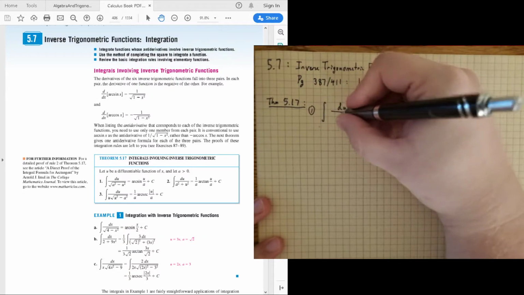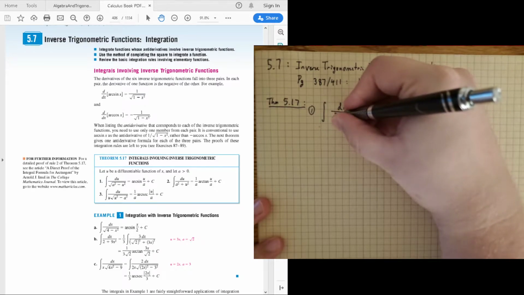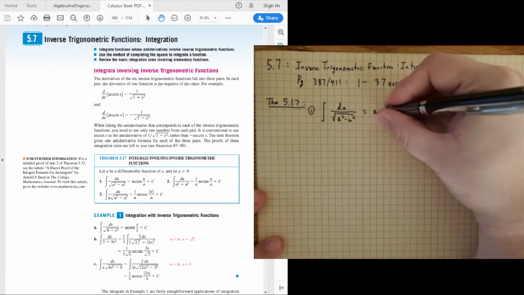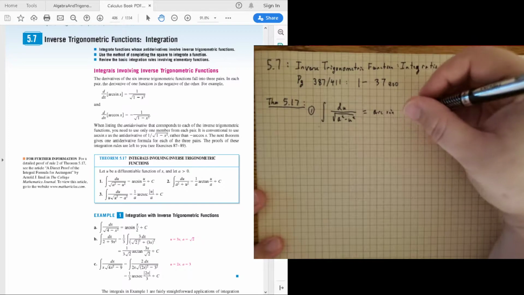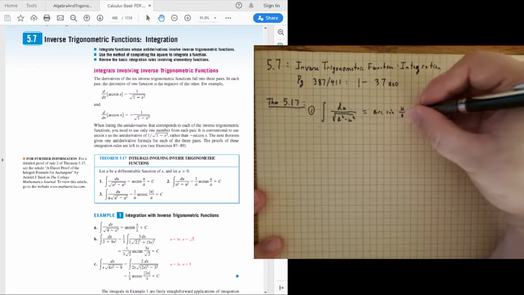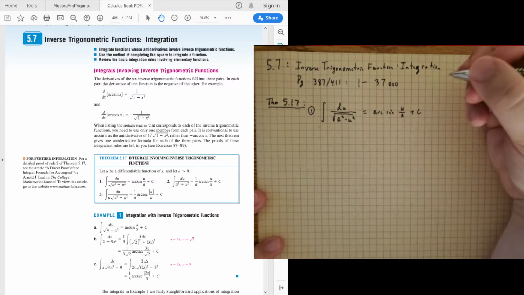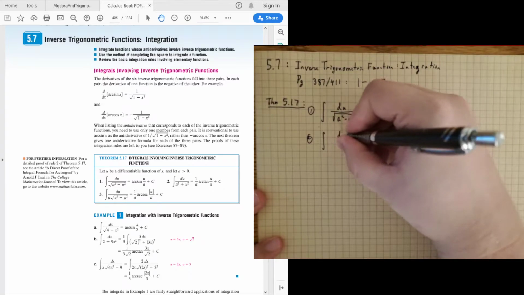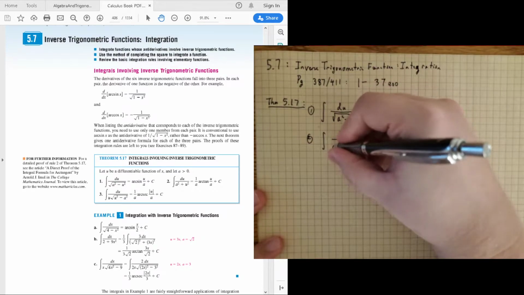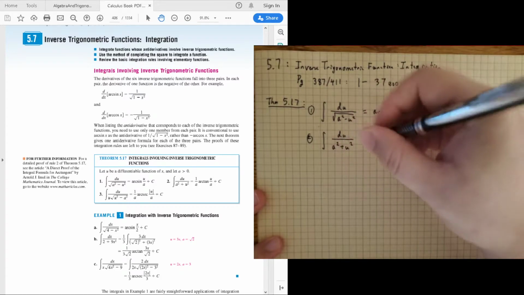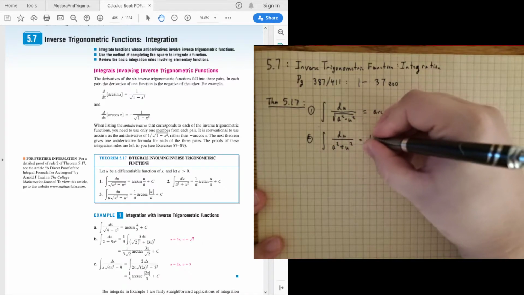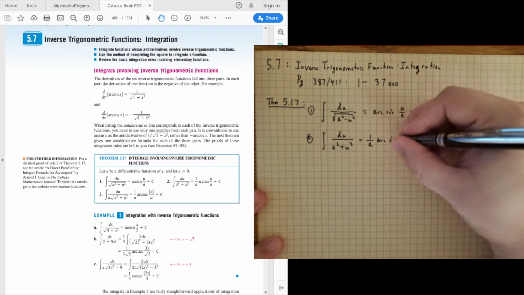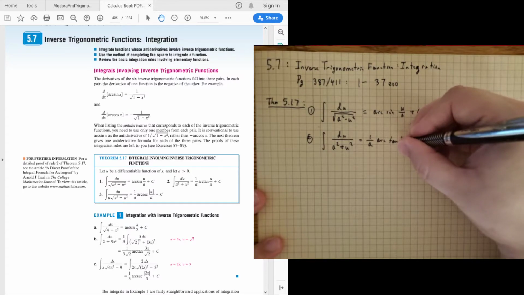So we had the integral of du over the square root of a squared minus u squared equals arc sine of u over a plus c. Number 2, integral of du over a squared plus u squared equals 1 over a times arctan of u over a plus c.